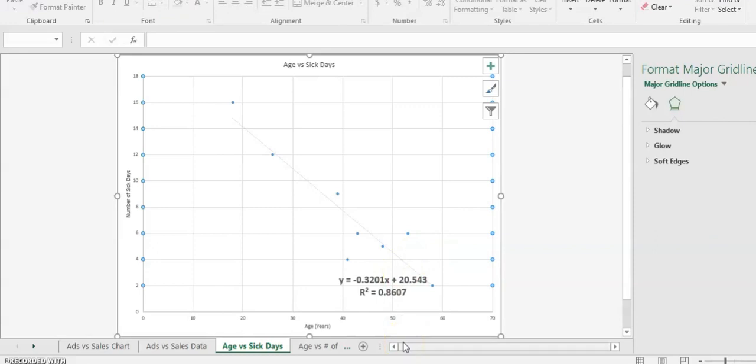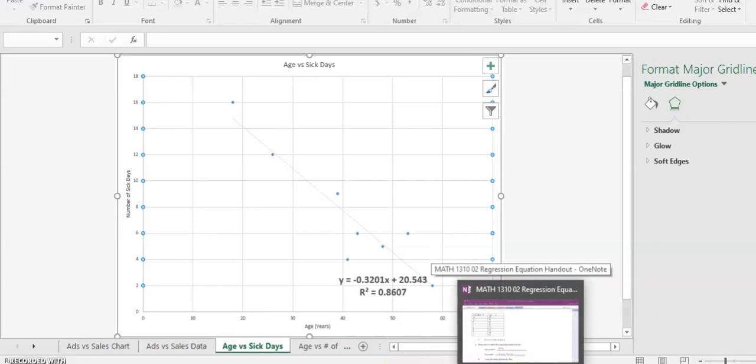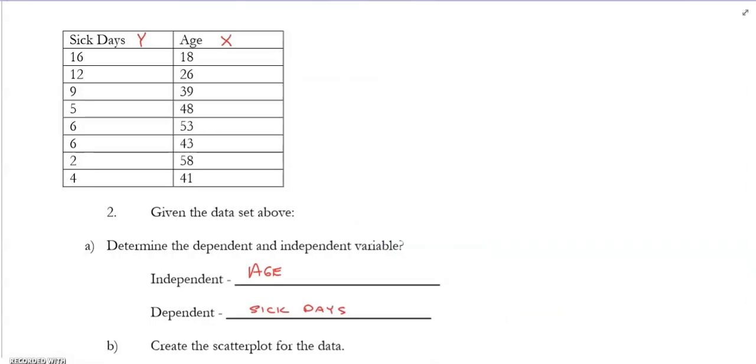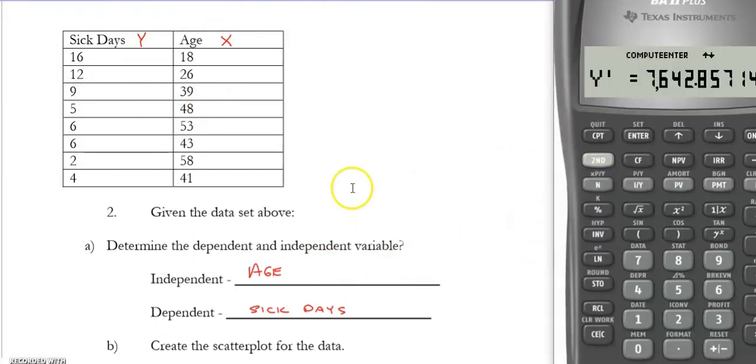Now, with that said, let's go back to our data sheet and let's go through this and put our data in and see if we get the exact same value. So we want to put our data in. There it is. And once again, second data, second clear. And we're going to put these values in x first, y second.